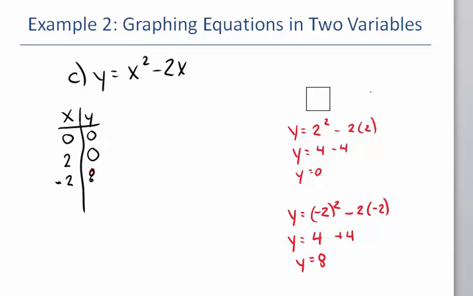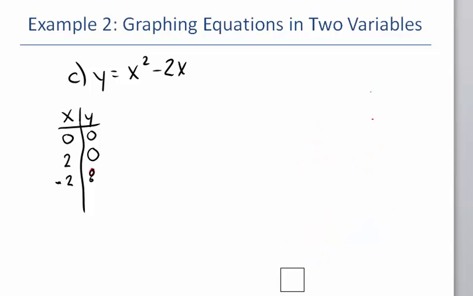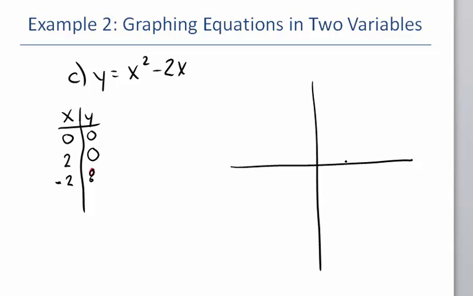All right, so we have 3 points to work with. Let's see if that is enough for us to get an idea of what this graph is going to look like. So I know that I'm going to need to count up to 8 on the y-axis. I won't go quite so far anywhere else, maybe to 4.